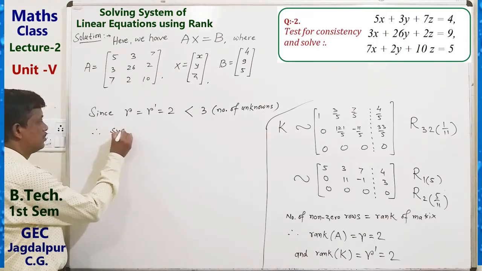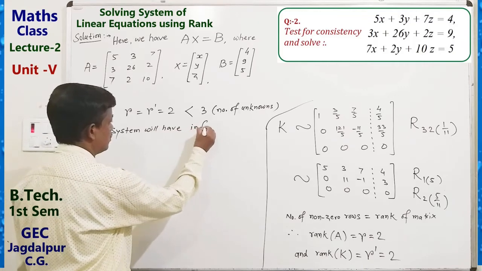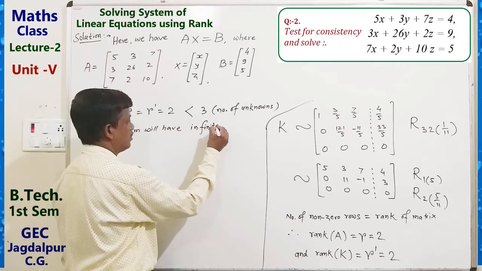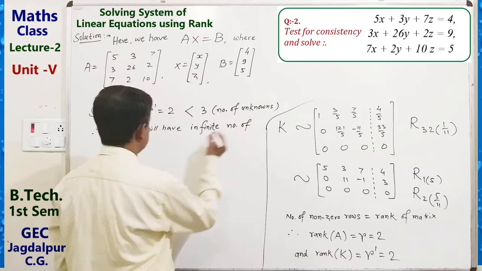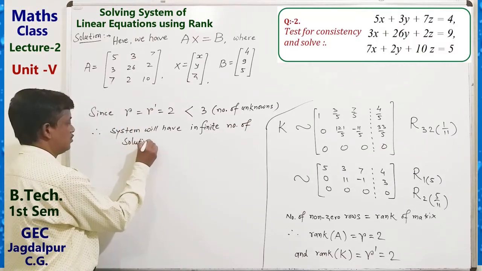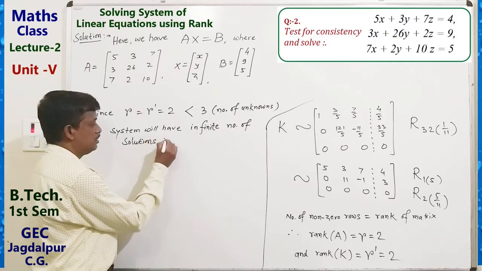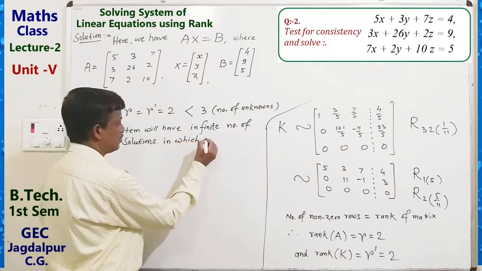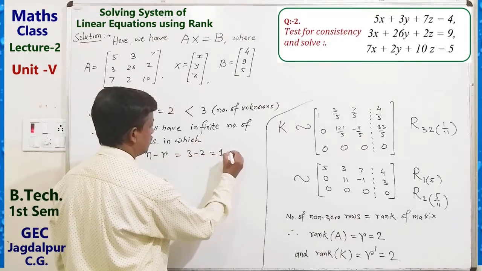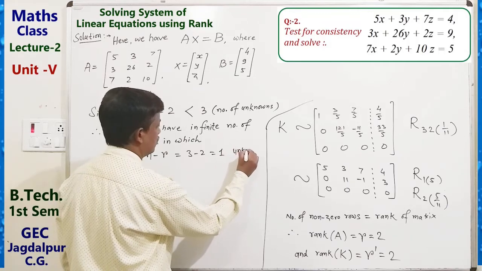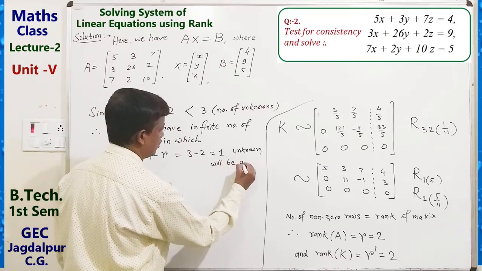Therefore, system will have infinite number of solutions in which n minus r, that is 3 minus 2 equals 1 unknown will be arbitrary.